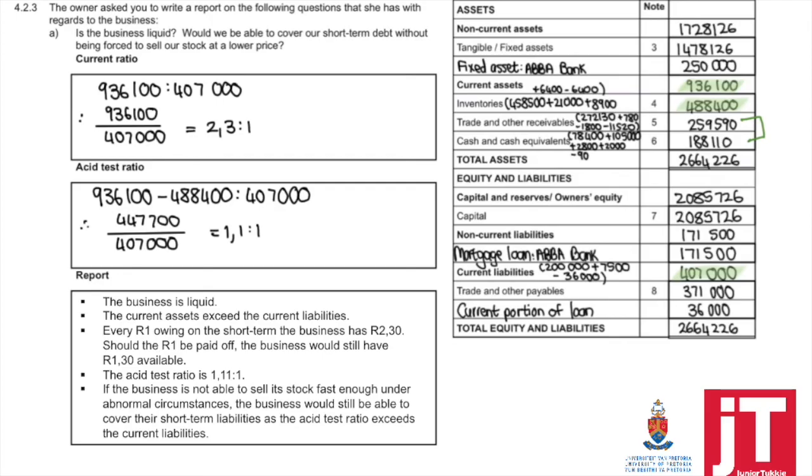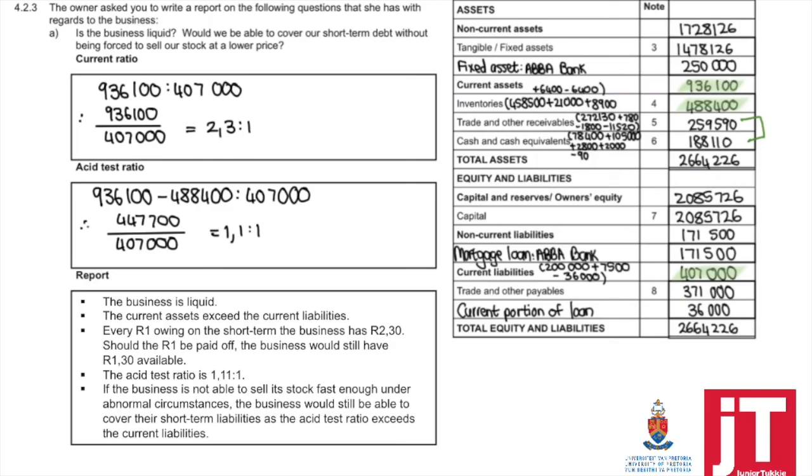Should the R1 be paid off, the business would still have R1.50 available. R2.50 minus 1 equals R1.50. The same as with the acid-test ratio. Even if we're not able to sell our trading stock under abnormal circumstances, we would still be able to meet our short-term obligations. So yes, the business is liquid.